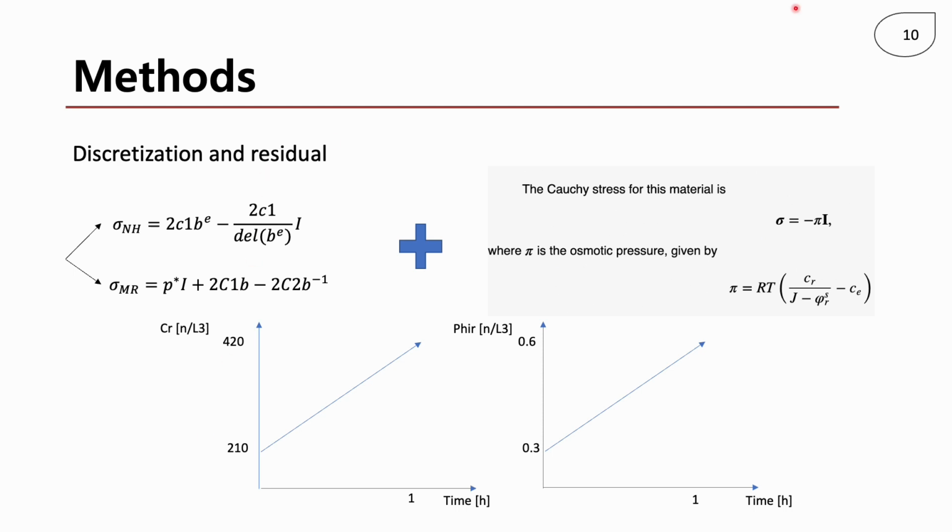Also, it is important to mention that when I couple these two Cauchy stresses of the Neo-Hookean and the Mooney-Rivlin with the definition of the cell growth material in FEBio, I inserted these load curves from the VR and CR of this material in FEBio and also in the code.